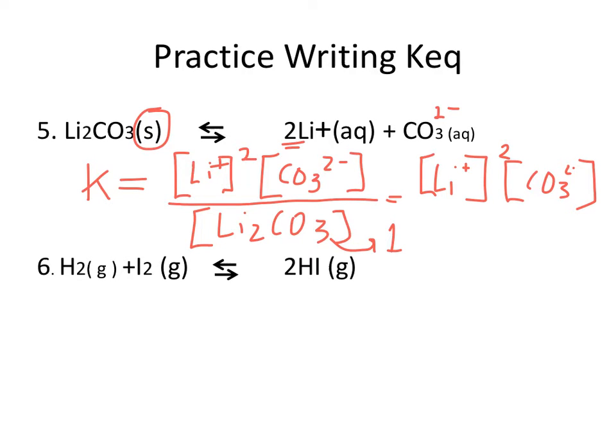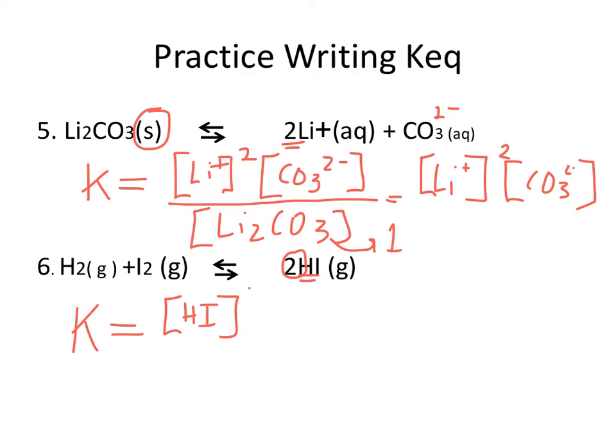And finally, the last practice equilibrium constant expression we'll write is this. We have hydrogen gas reacting with iodine gas, producing hydrogen iodide gas. So K is equal to, here we go, products, so HI.